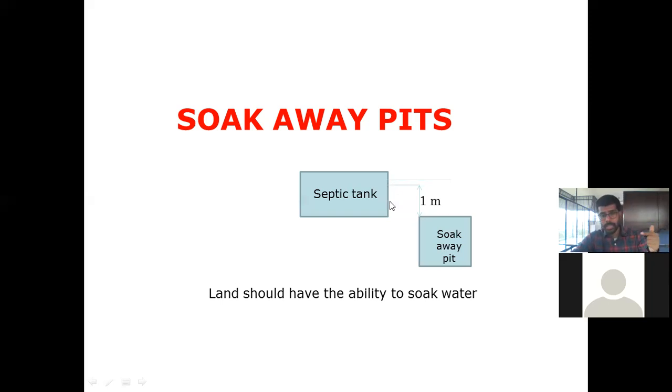There is an inlet pipe and an outlet pipe. After the outlet pipe only you will be having a soak away pit. So at least there should be 1 meter difference below the outlet pipe of the septic tank, if you are constructing a soak away pit.